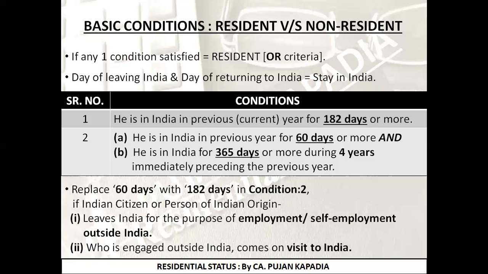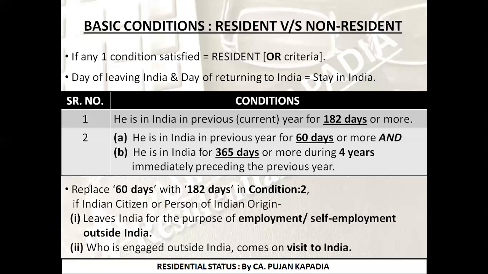So I am not going to consider that. I am going to go back in reverse for 4 years. Now what I want to check is, from the year 2015-16 till the year 2018-19, if the assessee was in India for a total of 365 days or more. I hope you are clear with this. Now the time horizon that we are going to check is 4 years.